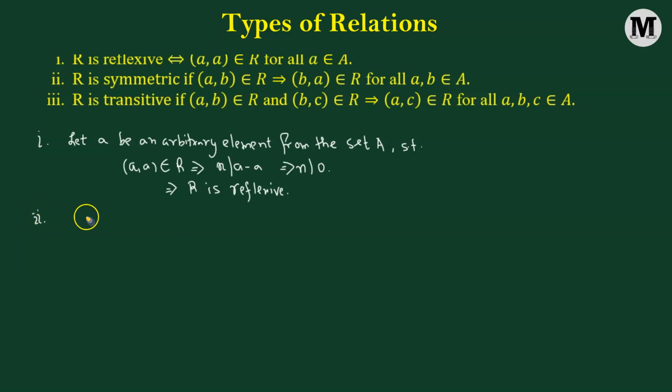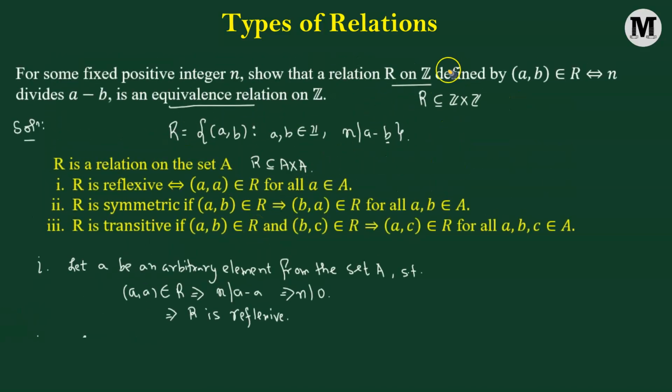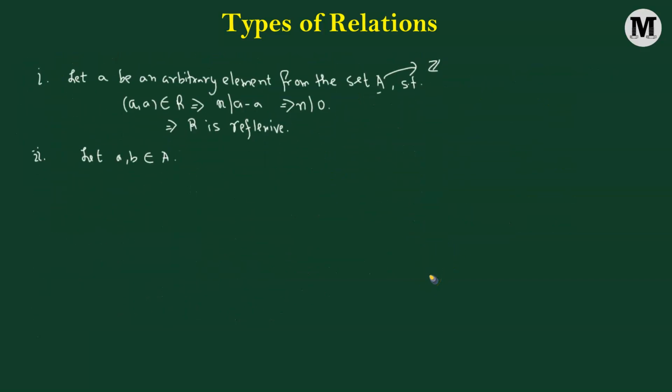Here we're going to consider two arbitrary elements a and b from the set A. I would like to make a quick clarification: our relation is defined on the set of integers, and although I have chosen the set A here, A is nothing but the set of integers Z. So a and b are both integers such that if we consider (a, b) belonging to the relation R, then according to the definition of R, this means that n divides a minus b.